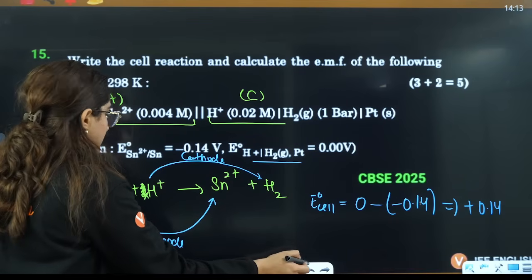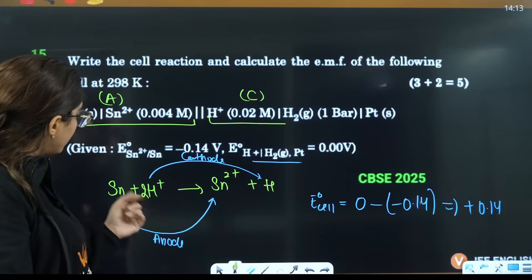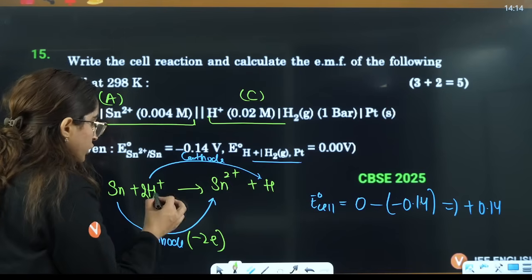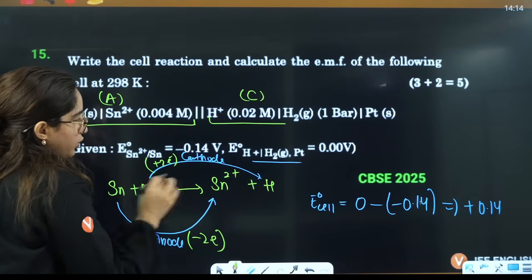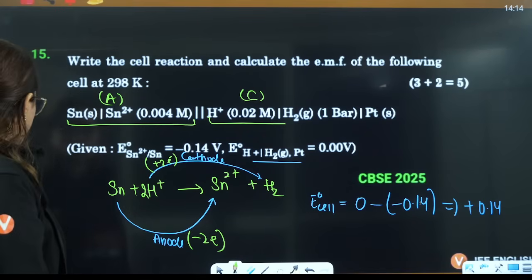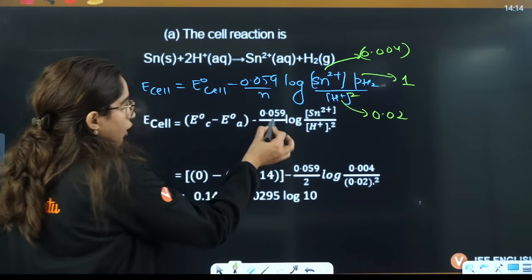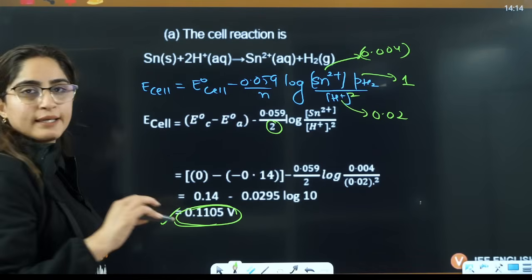See, the reason is if I solve this properly, then here you have 2 electrons lost. So here 2 electrons must be gained. That is why I have put here 2 and this will be converted to H2. Okay? Understood? So 2 electrons are lost and gained. You put 2 here, you solve this and you will get your answer here.